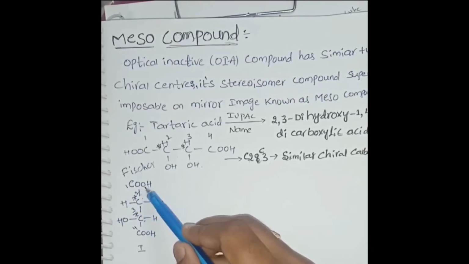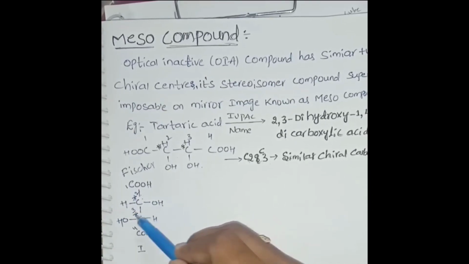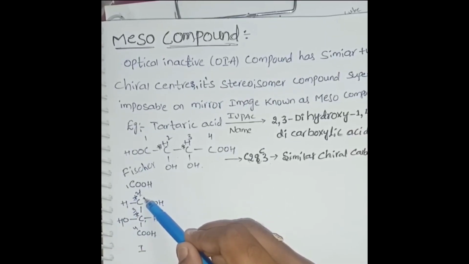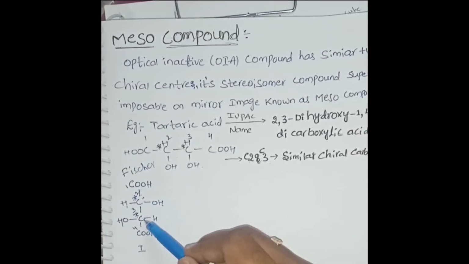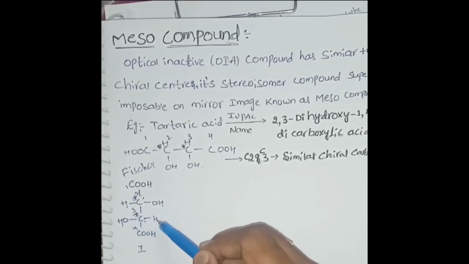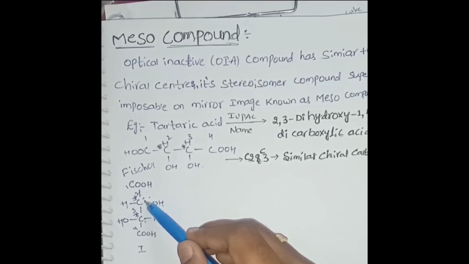So at the second carbon, a carboxylic acid, hydrogen and hydroxyl group are present, and this one is the other group for this second chiral center. In the third carbon, the groups present are similar to those on the second chiral carbon.